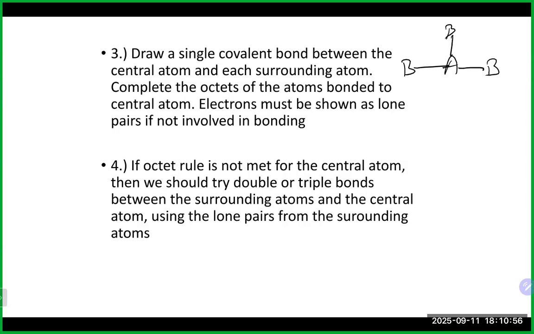Each of the lines represents 2 electrons, a pair of electrons. In this case, for example, I have used up 6 electrons of my total.